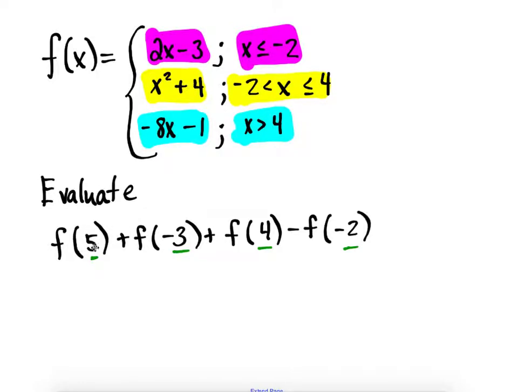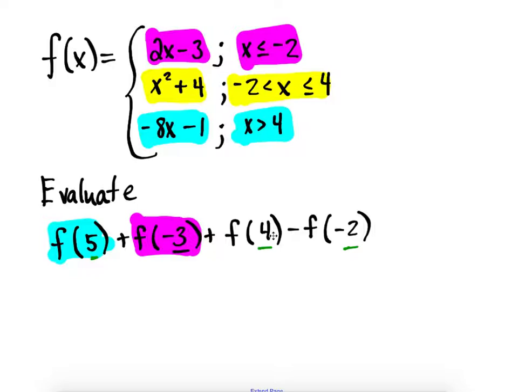So if I did f of 5, which one does it fit into? 5 is definitely greater than 4, so that's the function you would use for that one. F of negative 3 would fit into this one because it's smaller than or equal to negative 2. So that's the one we would use for that.